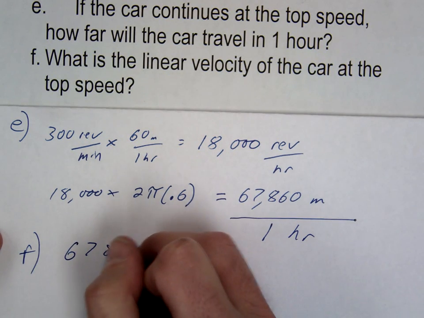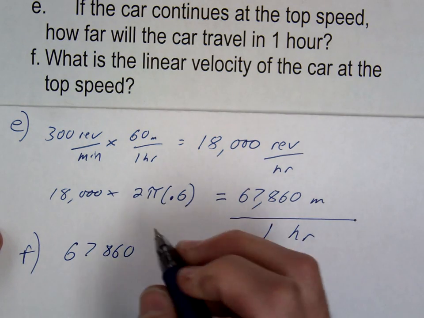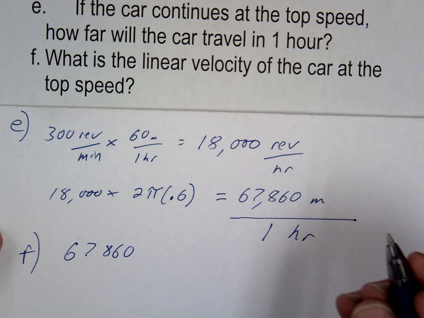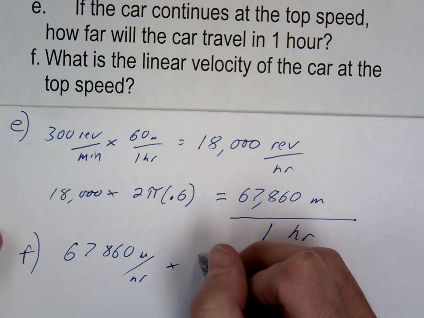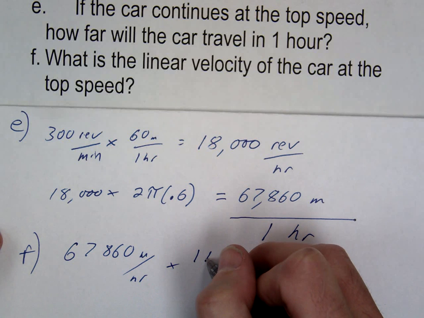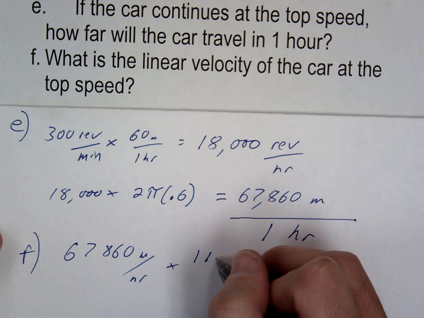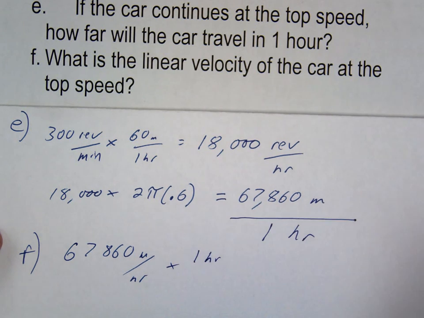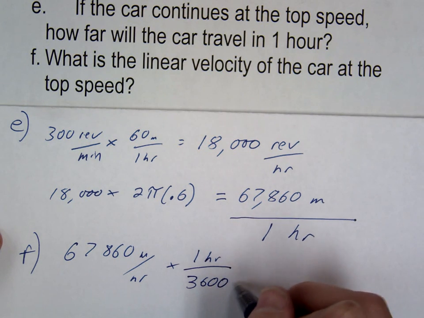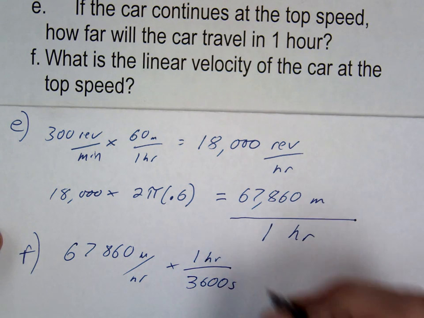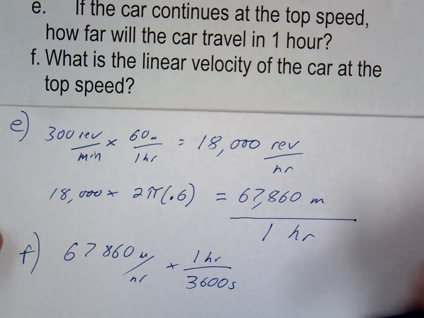Well, you could do kilometers per hour, but what's the standard unit? Meters per second, right? So that's meters per hour. So 1 hour is, if you don't know that straight conversion, just do 60 and 60, right? 60 minutes, 60 seconds.